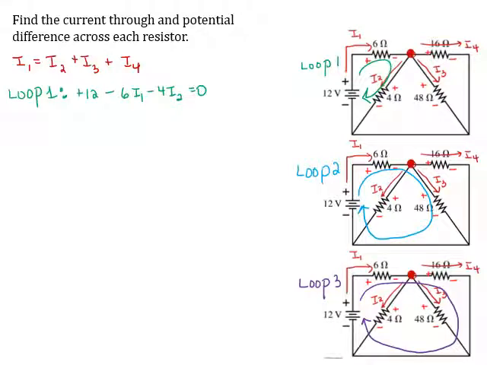I'll write my equation for loop 2. So for loop 2, I've got a potential increase due to the battery. I've got a drop across the 6 ohm resistor. And I've got a drop over the 48 ohm resistor because our loop goes from plus to minus.